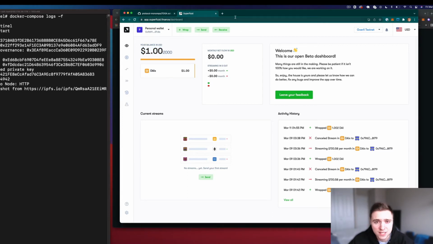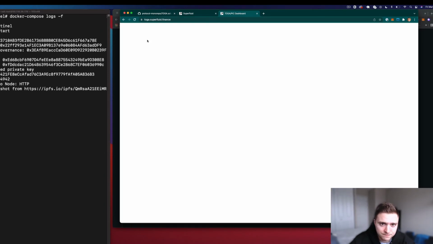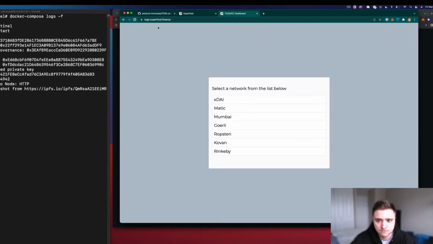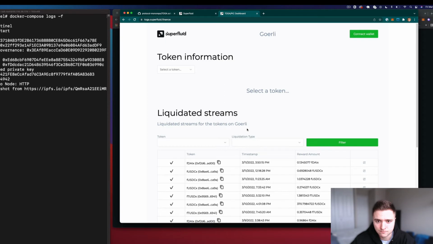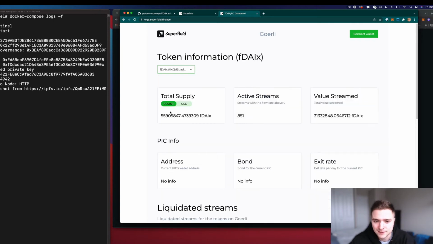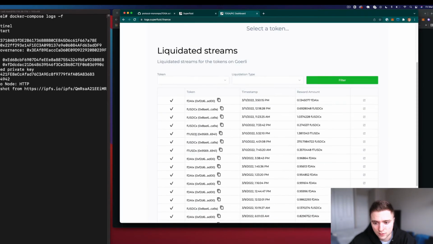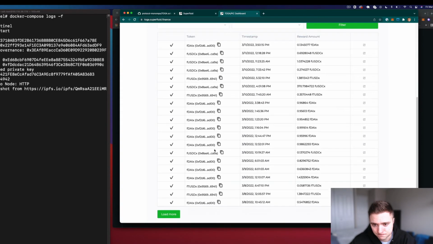It's just syncing. It takes a second to sync sometimes. Let me go to our Toga dashboard, and we're going to go to DAX on Goerli. So DAX, I've got to make sure that I have the right DAX. There's quite a few here that have been deployed on test. Okay, we can see here we have info on liquidations.